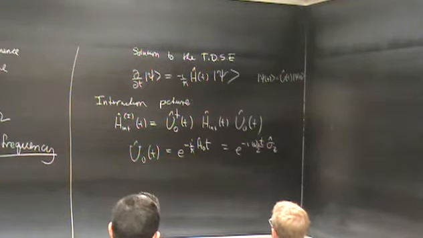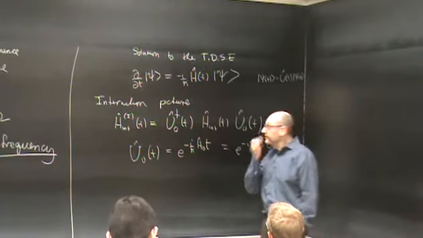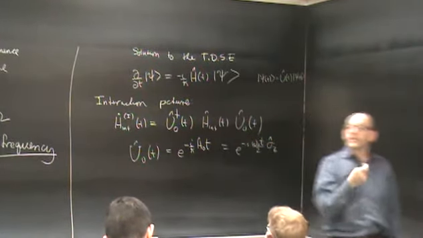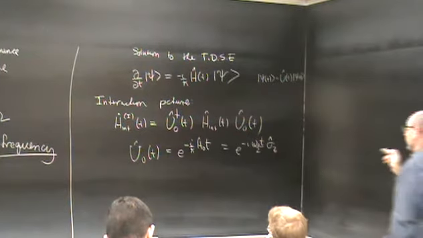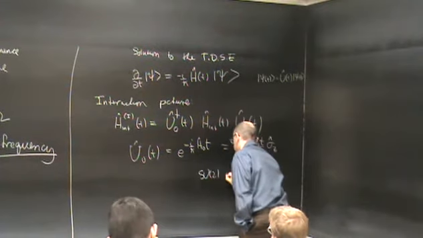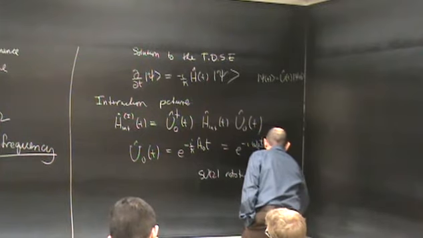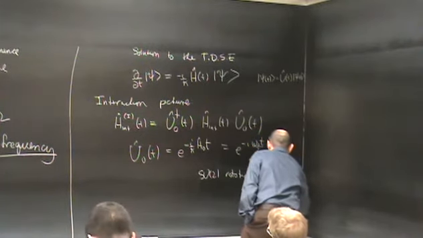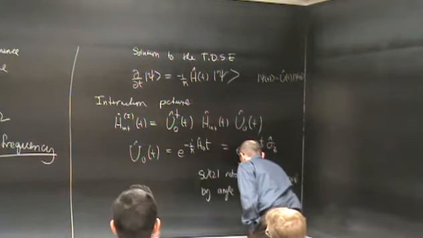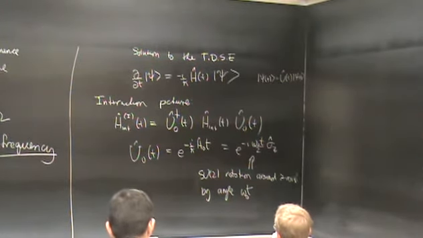It's a rotation operator around the z-axis at frequency omega naught, right? So this corresponds to something which generates a rotation around the z-axis. So this is an SU(2) rotation around the z-axis by angle omega naught t. Okay?